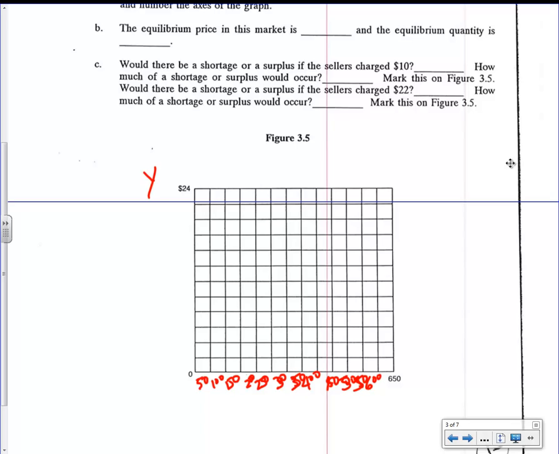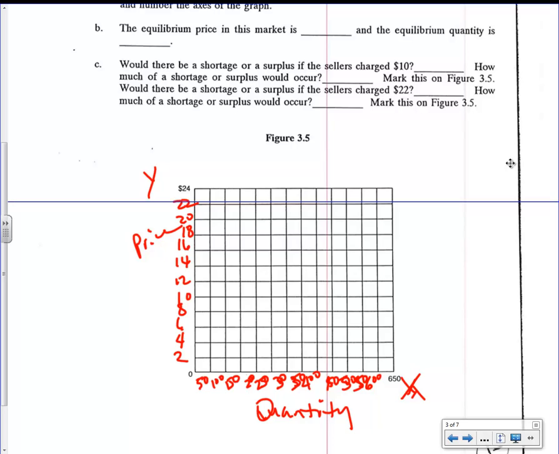Now we're going to give the price. The y-axis is always the price. The x-axis is always the quantity. So we have 2, 4, 6, 8, 10, 12, 14, 16, 18, 20, 22, and 24. So when the price is 4, the quantity is 100.